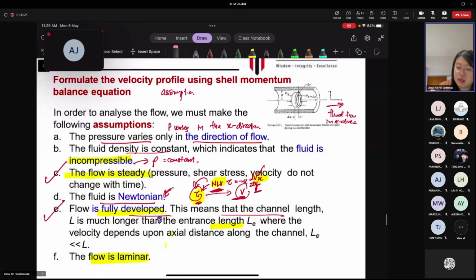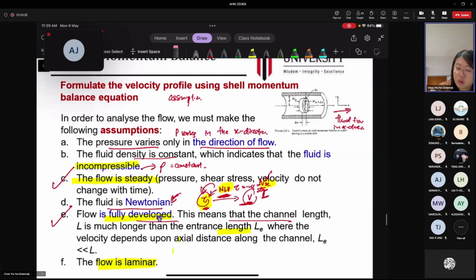Here at this point, your V1, when the fluid flow is fully developed, the velocity at this boundary, let's say Vx, will equal the velocity at x plus delta x.